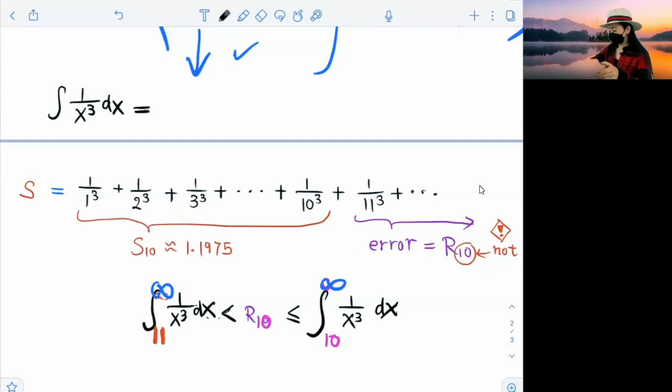Which is negative 1 over 2x squared, okay? So this one here is x to the negative third power. So increase this by 1, so x to the negative second, and then divide by negative 2. So we got this, right?